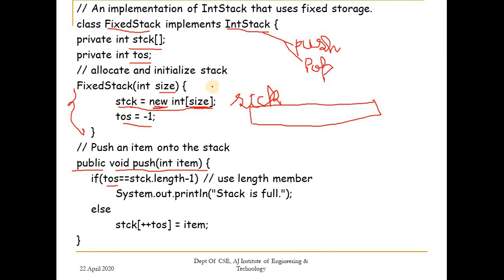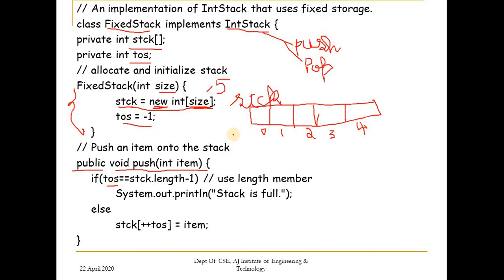Now suppose the size is given as 5. So 5 elements can be stored in that stack array, 1 2 3 4 5. Now array indexing will be 0 1 2 3 4. Initially top of stack will be -1.